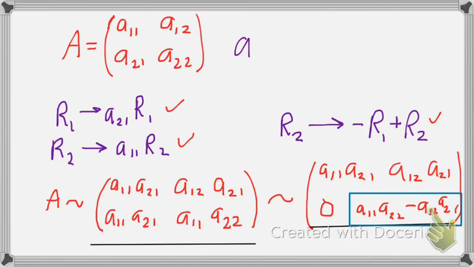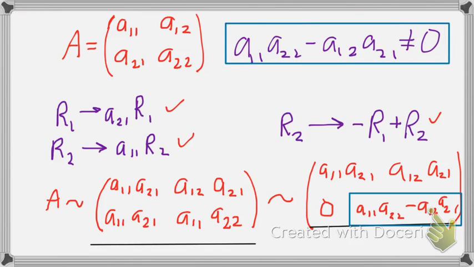That if A11 A22 minus A12 A21 equals 0, then we will not have a unique solution. So therefore, we do not want this to be 0. And if we look at this, we notice this happens to be what we said the determinant was.